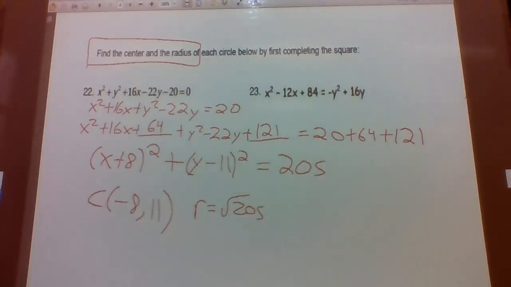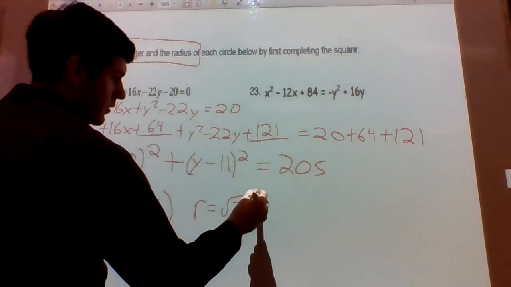You'd think it would be like 225 or something, because that's a perfect square, but no, it's just 205. So the radius is the square root of 205.